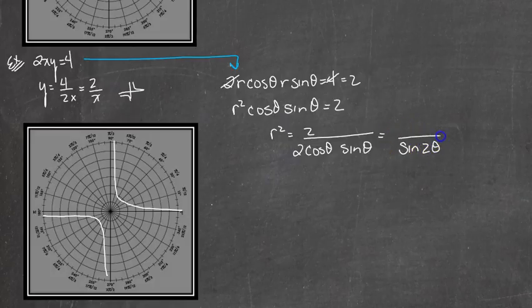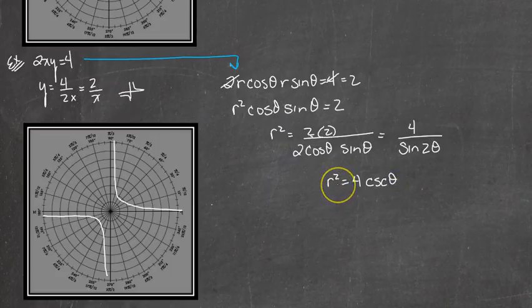That's totally legal as long as I also do it in the numerator. So 2 times 2 is 4, and I rewrite the whole thing: r² = 4 cosecant of 2 theta. And I'd like to have this r not be r squared.